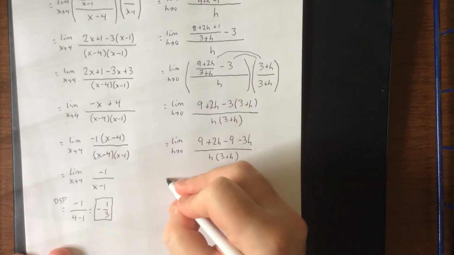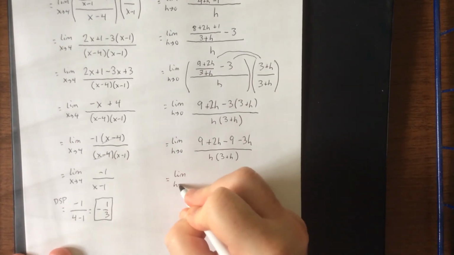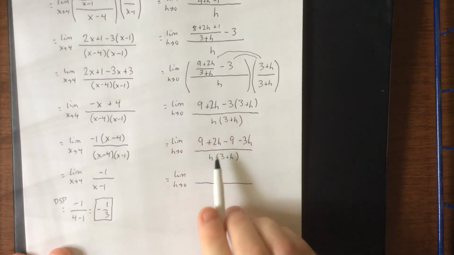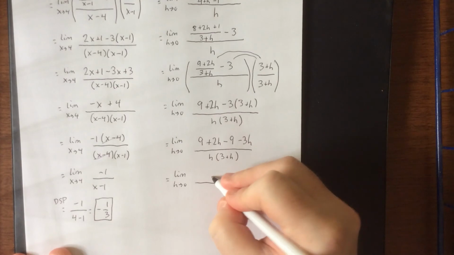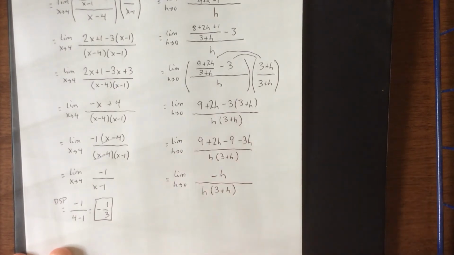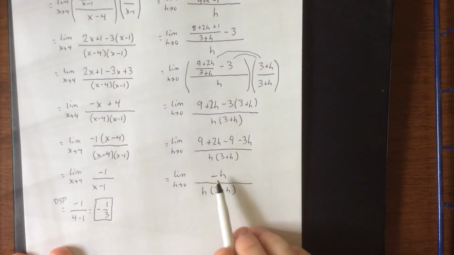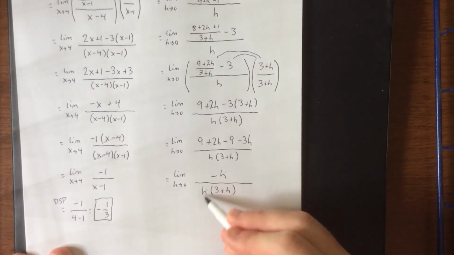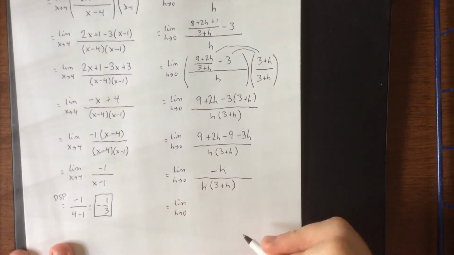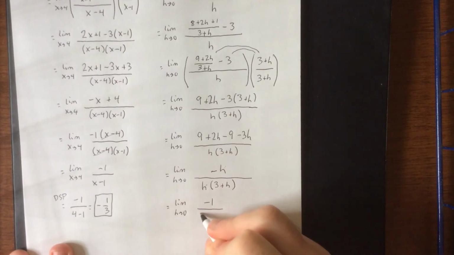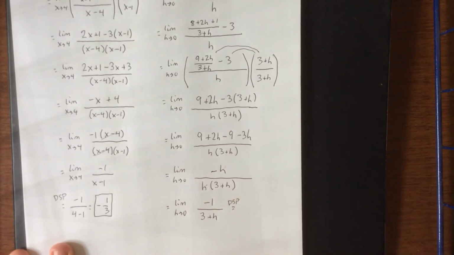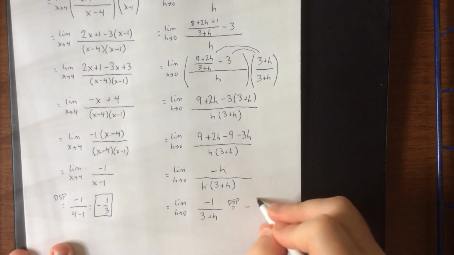Combining like terms in the numerator, we'll have a 9 minus 9, those cancel, plus 2h minus 3h, we'll get negative h. Oh my gosh, that is good news. Just like we did in the previous form, we can factor out a negative 1 from the top and cancel an h with an h. This will be the limit as h approaches 0 of, numerator will be negative 1, denominator will be 3 plus h.